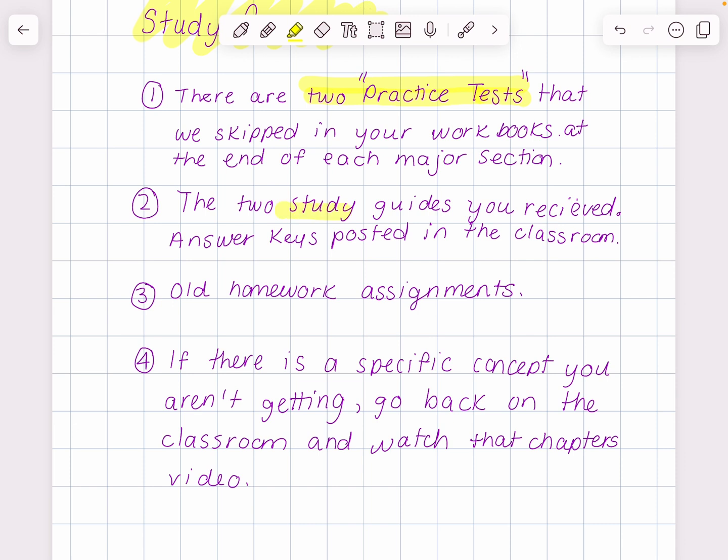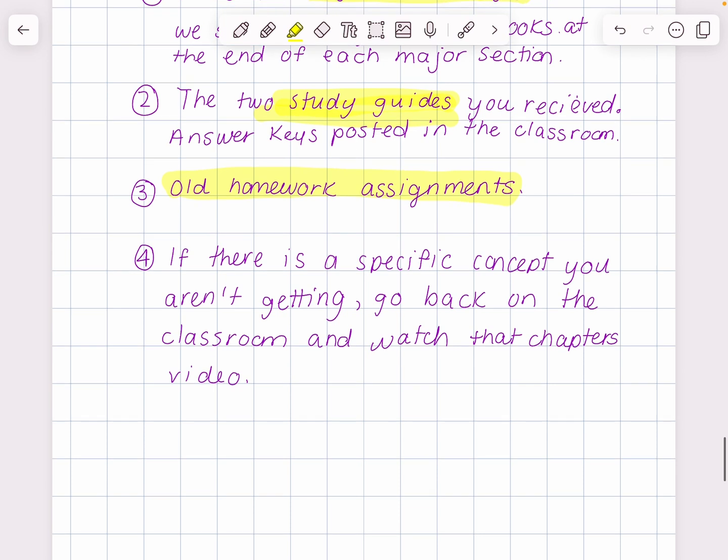I've given you 2 study guides in class. I will post the keys in the Google Classroom. You have old homework assignments because as great as you all are, I'm pretty sure that you didn't do all of your homework assignments. Maybe you finished some, I hope so. And then if there's a specific concept that you're like, man, I never did get this, go back on the Google Classroom and there's videos for everything. Everything that you need is there.